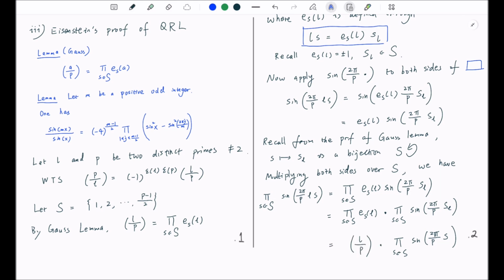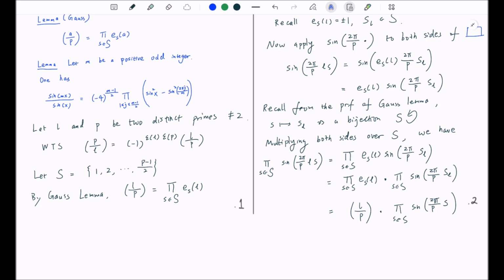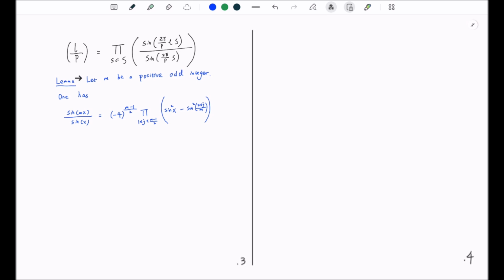And now let's see what we have concluded from here. If we move this product to the left-hand side, we see that the Legendre symbol of l modulo p is equal to the product for s ranging over capital S. So this is what we have concluded from the argument above. Now we are going to apply the second lemma to this identity.